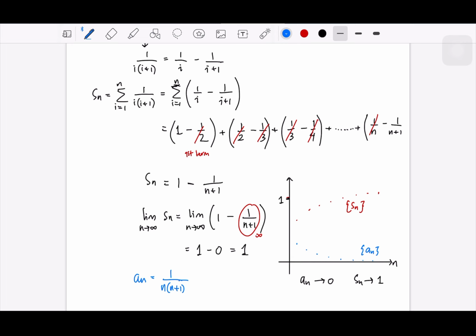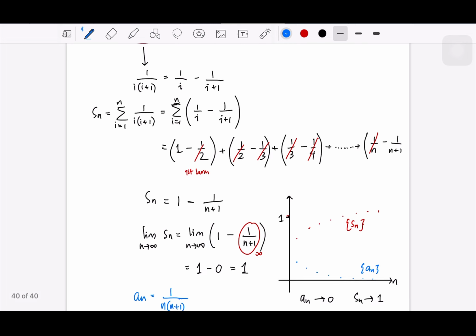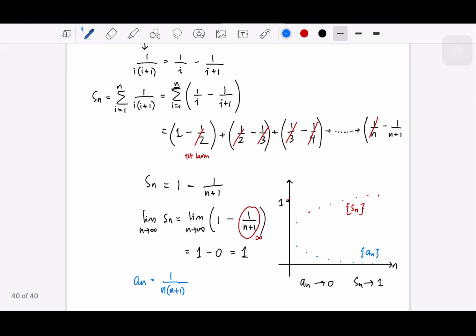Okay. We also call this method telescoping. We will maybe learn about that later.